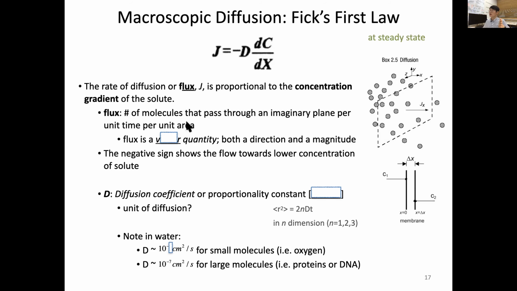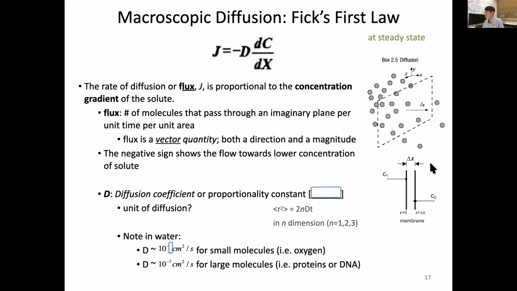However, depending on how we define the area, the flux might change. So the flux is in fact a vector quantity, having a direction and a magnitude. That's an important concept. The sign indicates whether it is towards a higher or lower concentration.